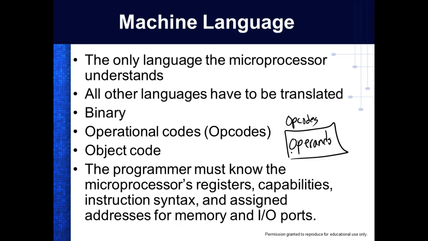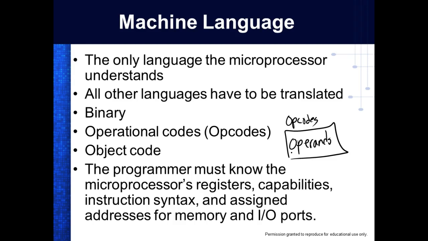Everybody know what an operand is? This is the numbers that the instruction operates on. So if I add two numbers together, then the two numbers that I add together are operands, right? And the answer would be what? An operand.